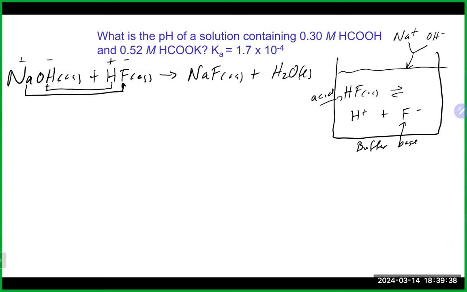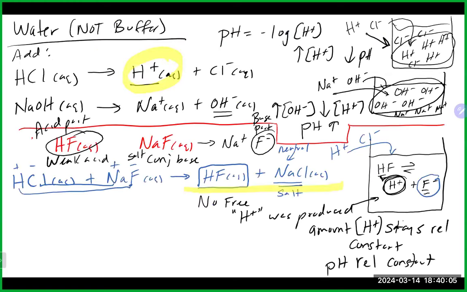Now, when we look at this reaction with the buffer, we see the same thing. Although we used some of the HF, we actually made, again, the other part of the buffer in this case, the sodium fluoride. Not going to mess up the pH. We also made water, which will not mess up the pH either. And much like what we saw when we added the acid, it is something we do not see here that we did see when we added the base here to water.